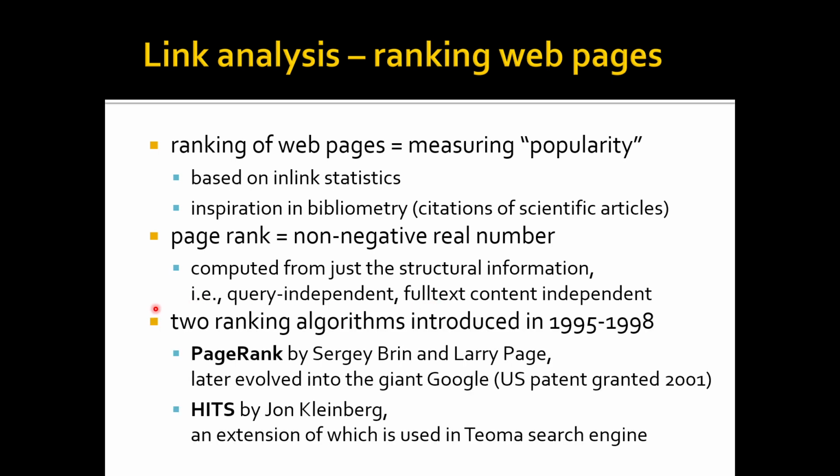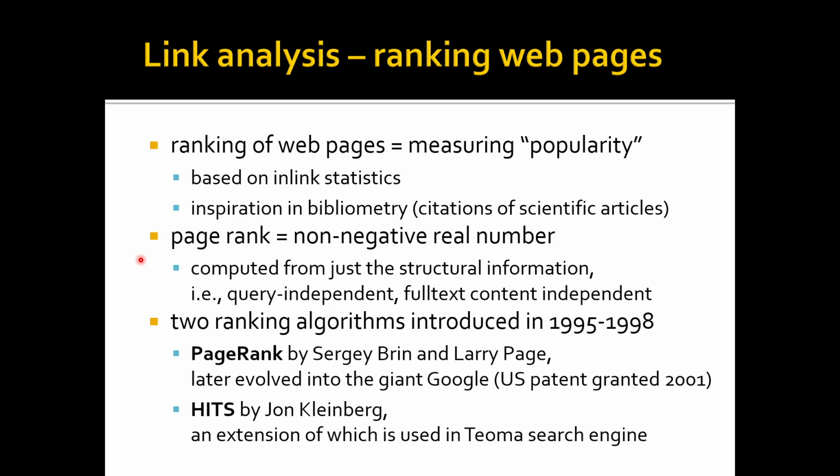And based on this concept, there appeared basically two competing algorithms in the 90s. One was PageRank, that was the reason that Google really won among all of the search engines. And the second was HITS. And they both are kind of similar in what they want to compute.